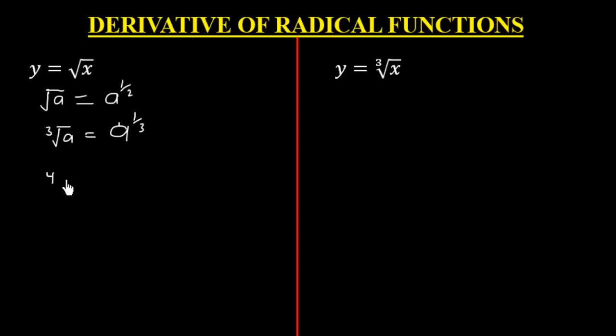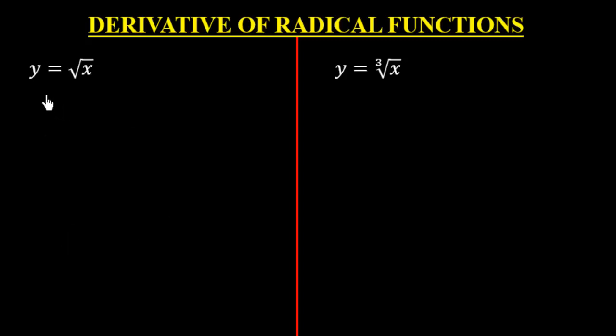Fourth root of a is equal to a to the power 1/4, and then fifth root of a is equal to a to the power 1/5.